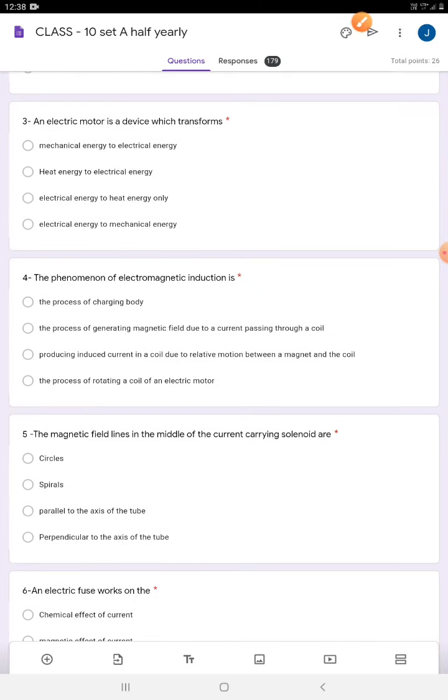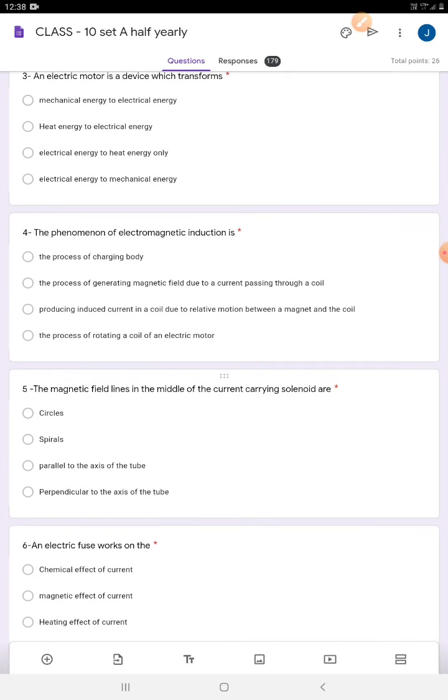The magnetic field lines in the middle of the current carrying solenoid are. Okay, now in this question the options are circles, spirals, perpendicular to the axis of the tube, and parallel to the axis of the tube. I have given one question also related to the solenoid. In that question we discussed that in the solenoid there is a uniform magnetic field. If there is a uniform magnetic field, it means that the magnetic field is parallel to the axis of the tube.